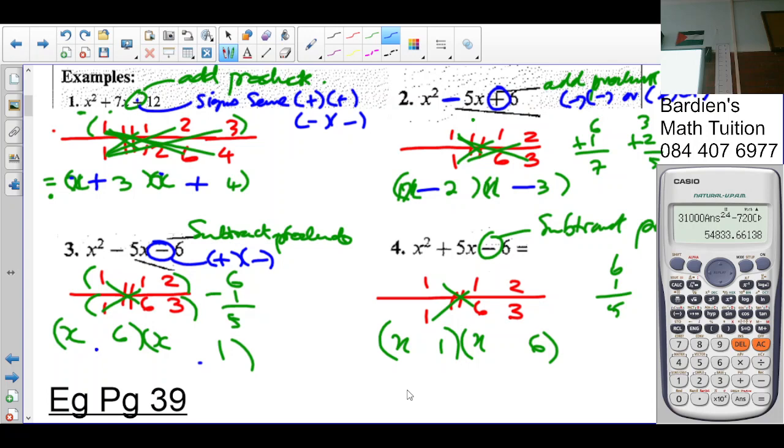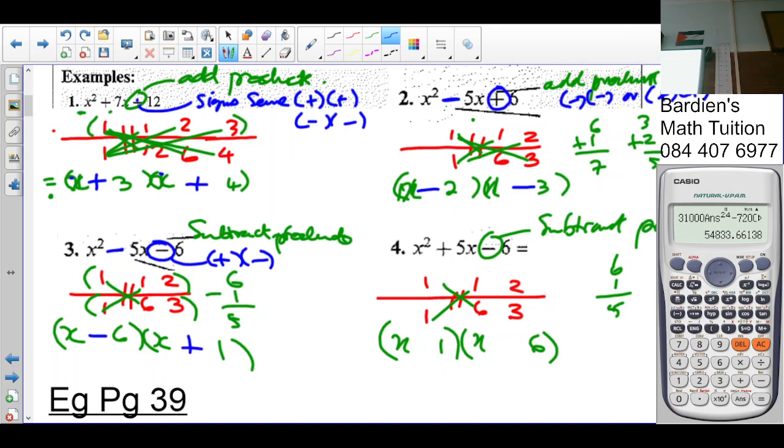Okay? We look again at the middle term, and we say, okay, the middle term is negative. So the bigger product must be negative. Then which one's going to give you a bigger product? The 6, not so? 6 times x is going to be negative, positive.